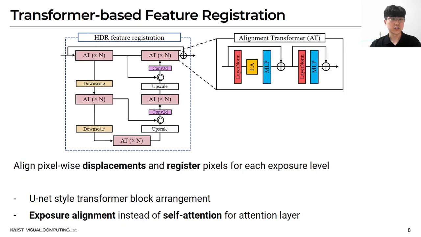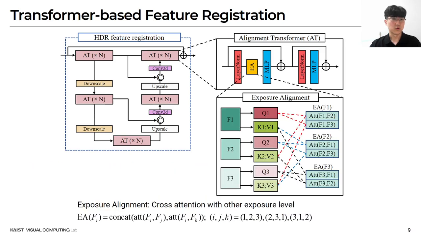For feature registration, we adopt a multiscale transformer architecture for various feature extractions. For each transformer block, we use an exposure alignment operation instead of the self-attention in a general transformer block. Our exposure alignment module performs cross-attention with other exposure features.